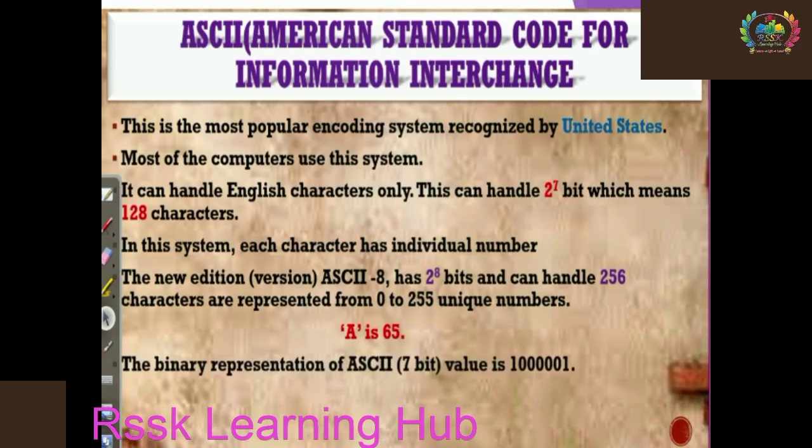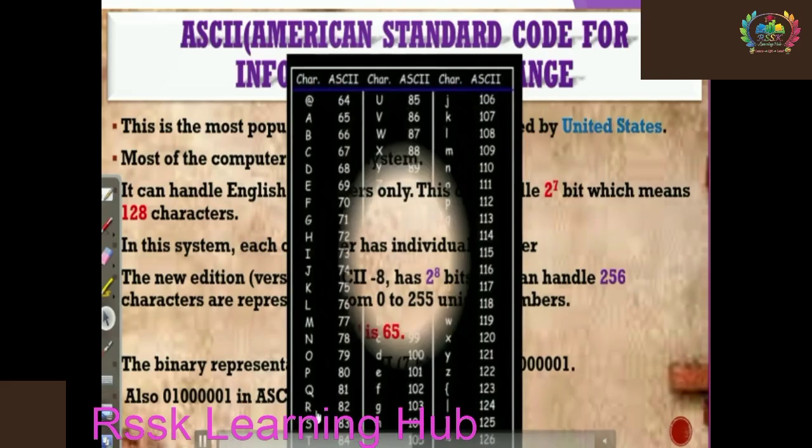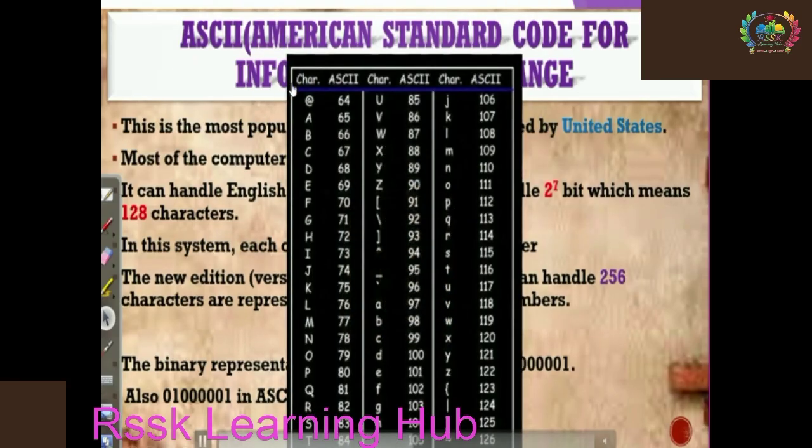Similarly, the binary representation of ASCII is in 7-bit formation. Before, you were representing it in 7 bits; converting to 8-bit also indicates your ASCII 8-bit value. So this is the chart representation for the ASCII values of your code. The at symbol has a value of 64.